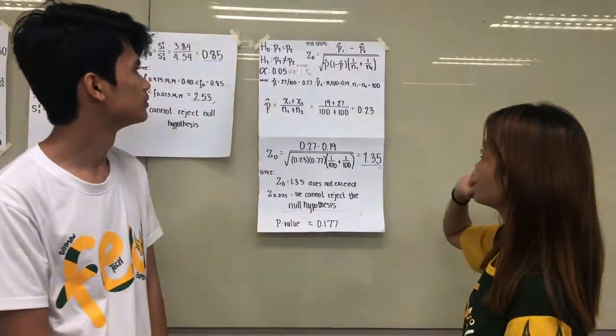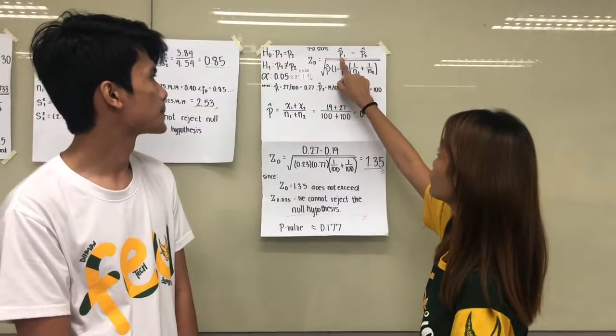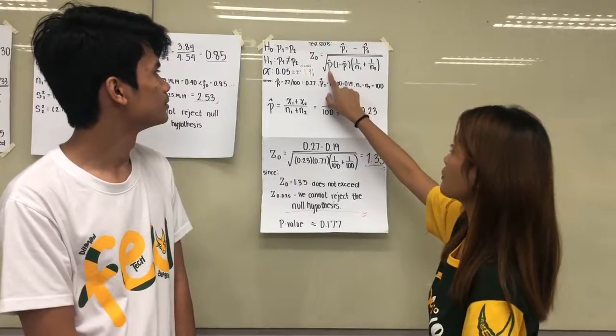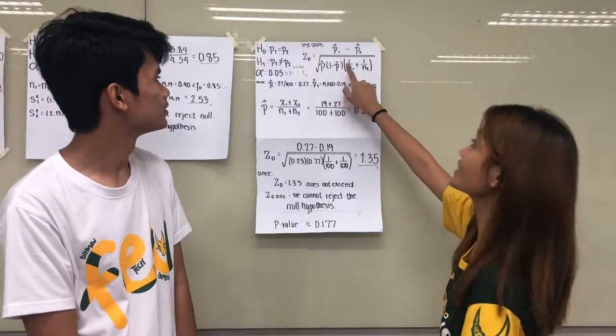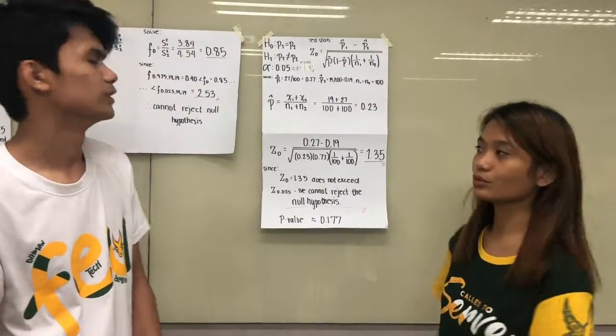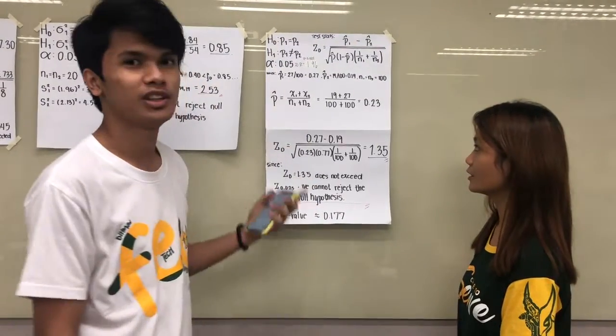The formula for getting the z-score is population success 1 minus population success 2 over the square root of p-hat times 1 minus p-hat times 1 over n1 plus 1 over n2. So by using that formula, you can substitute the variables that you have.